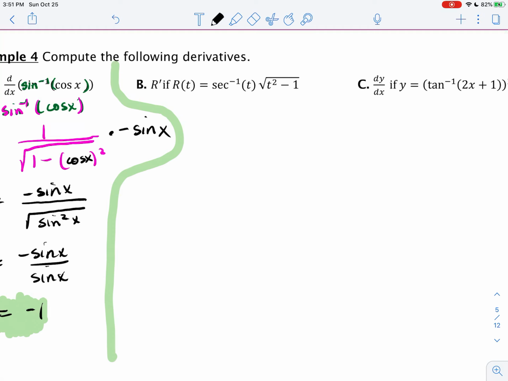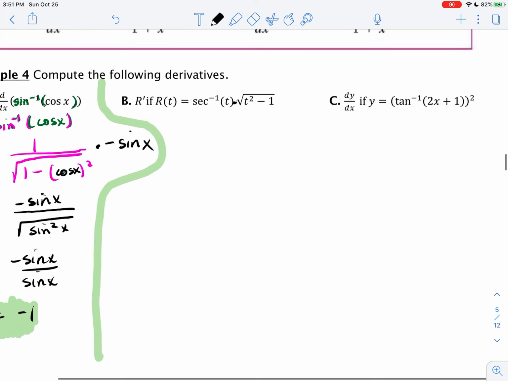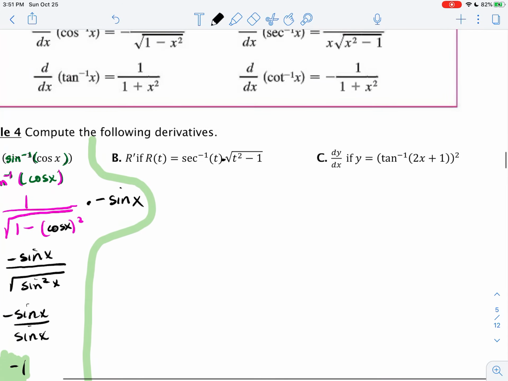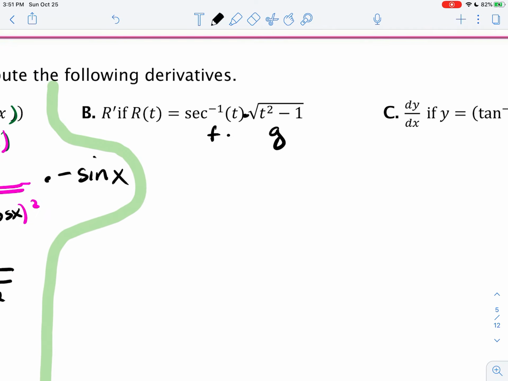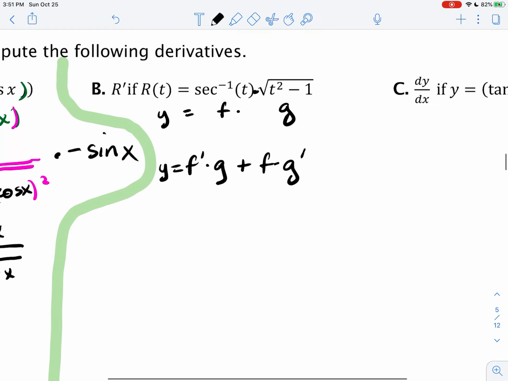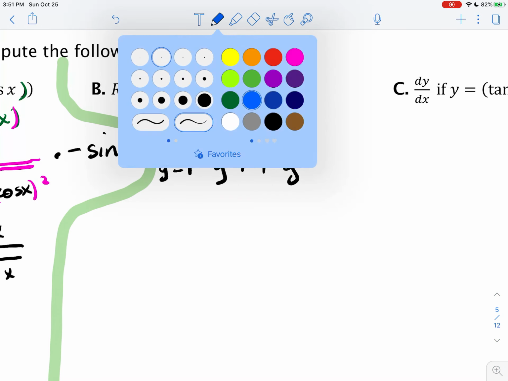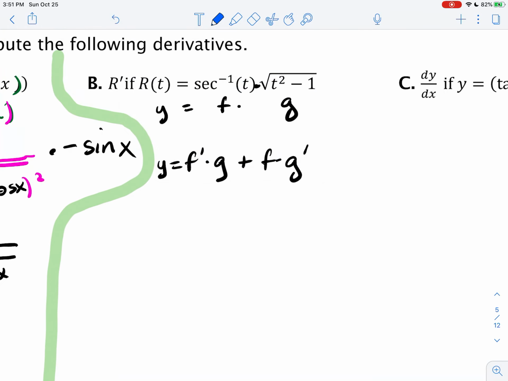here, and it says find R prime if R of t is inverse secant of t, times the square root of t squared minus 1. Good. So this employs the product rule, and remember, y prime is equal to the derivative of the first times the second plus the first times the derivative of the second.